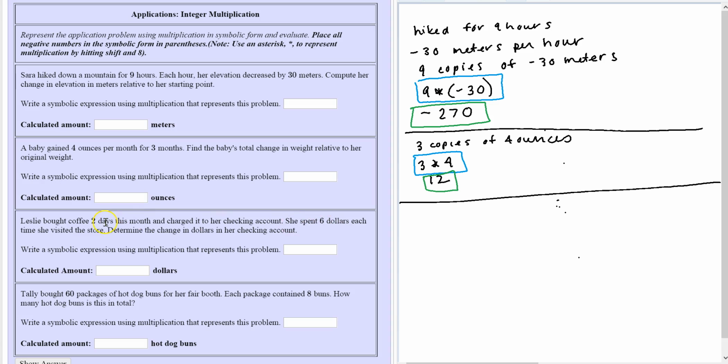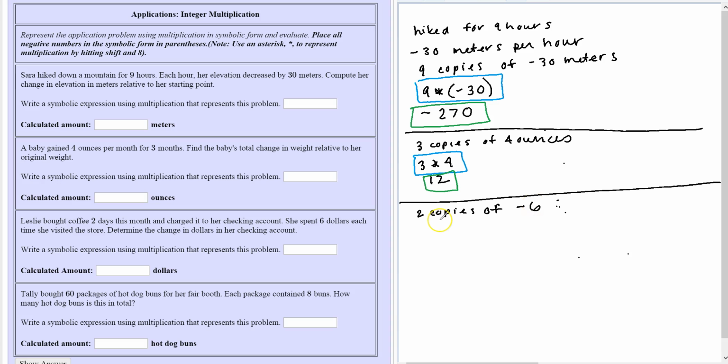So that's 2 copies of spending $6. And since she's spending $6 and we're thinking of it relative to how much money is in her checking account, spending $6 would be negative because that decreases the amount in your checking account, unfortunately.